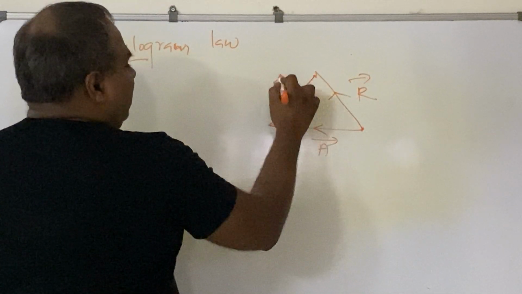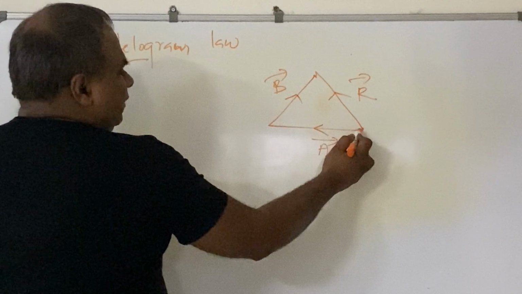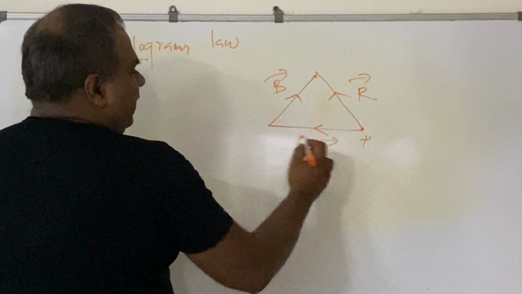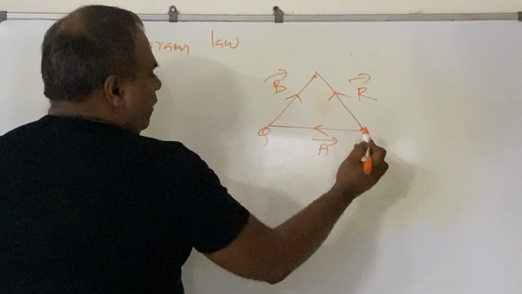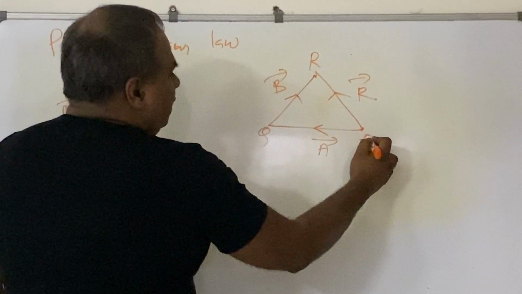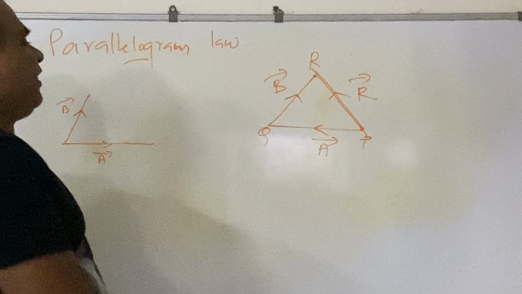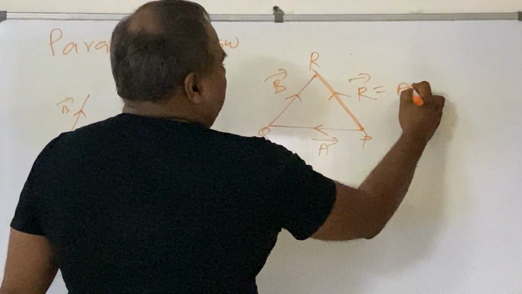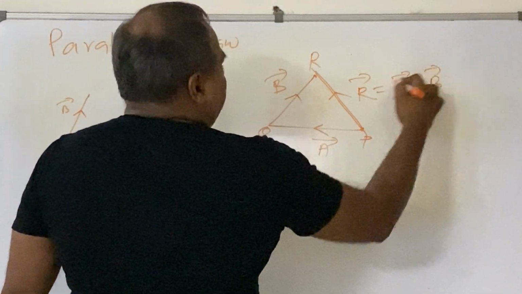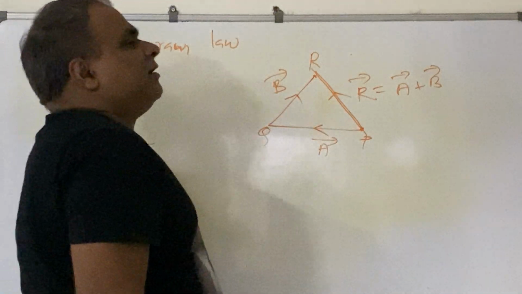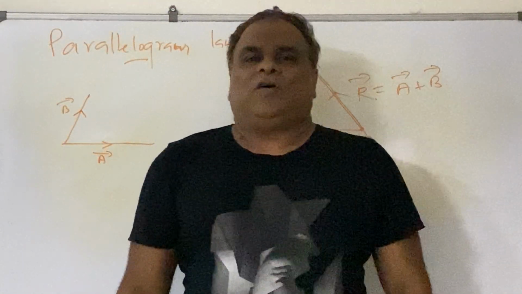This is vector A and this is vector B. So starting from P and going to Q and then reaching R is equal to traveling directly PR. That's why this vector R means vector A plus vector B. To get this, we completed the triangle. That's the triangular law of vector addition.